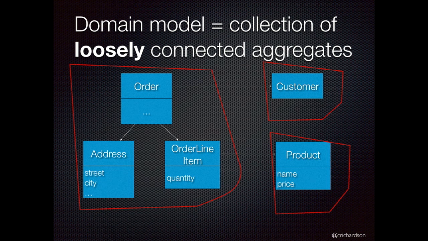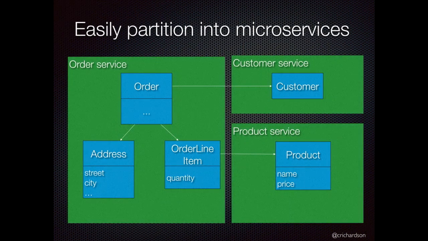And with that, it's very straightforward to partition your domain model into multiple services. You can put different aggregates in different services without having to deal with object references attempting to span services. So the order has a reference to a customer that's in another service, but it's just in terms of an ID, and that's quite okay.